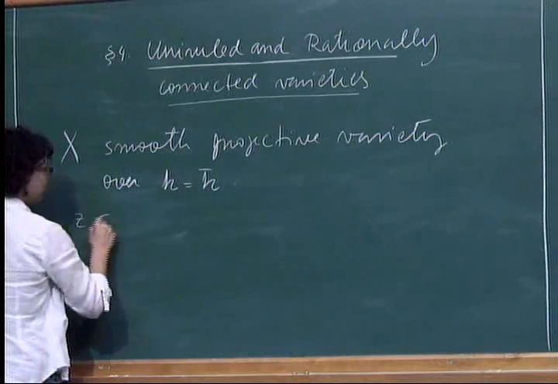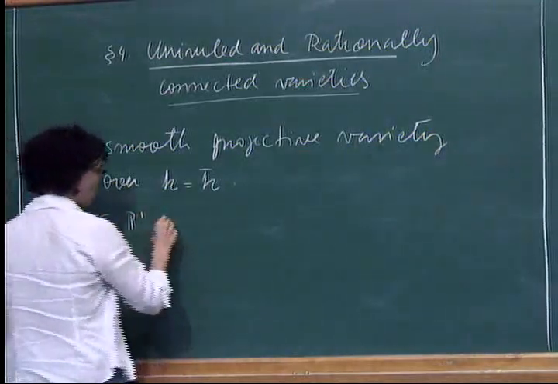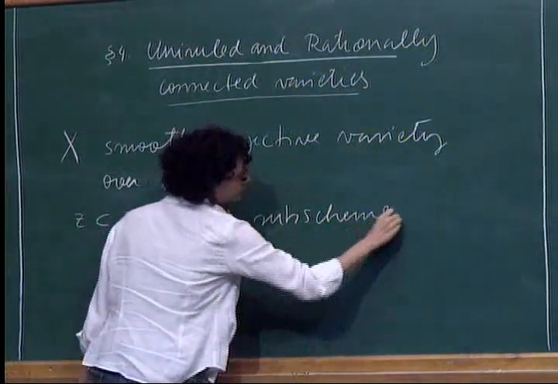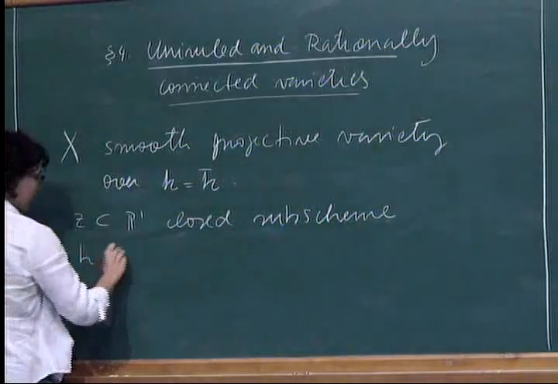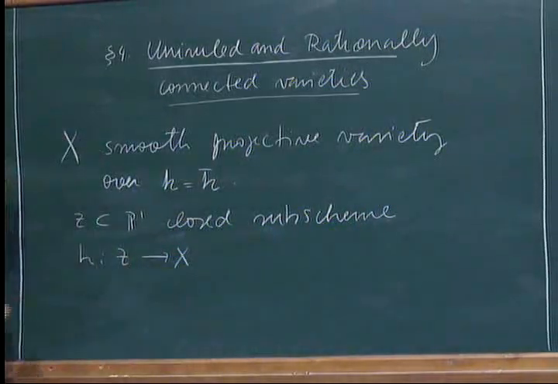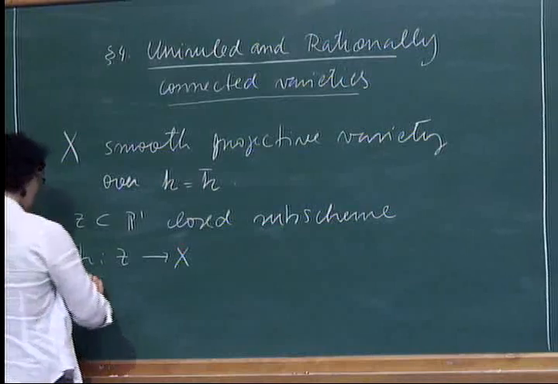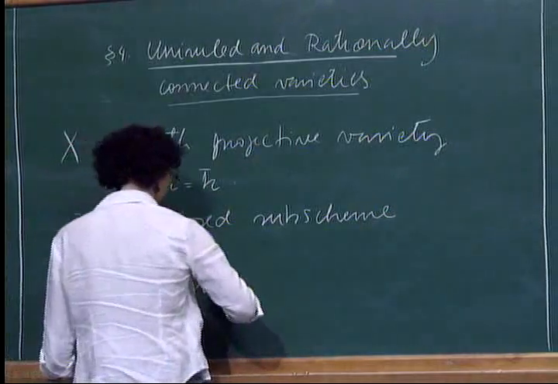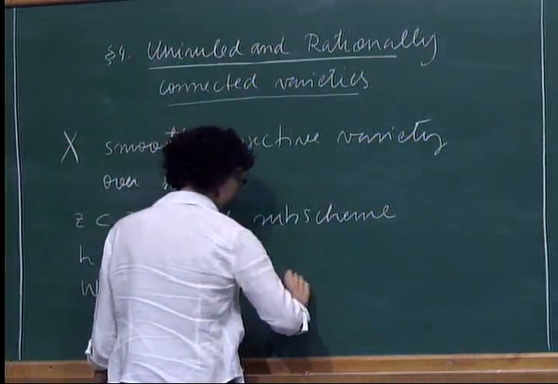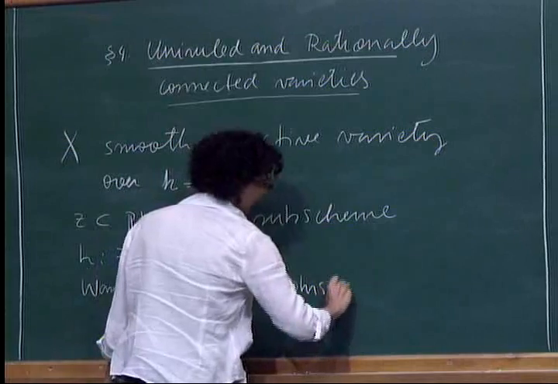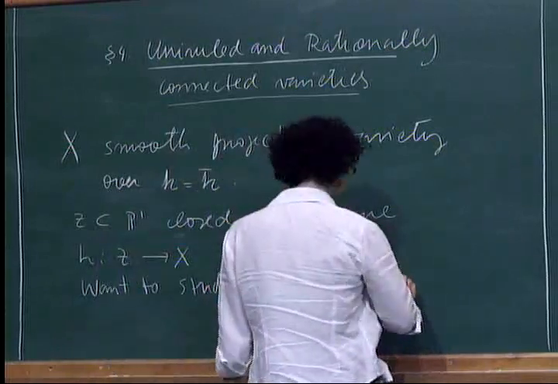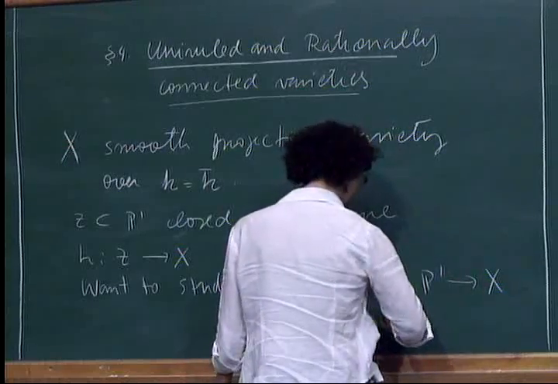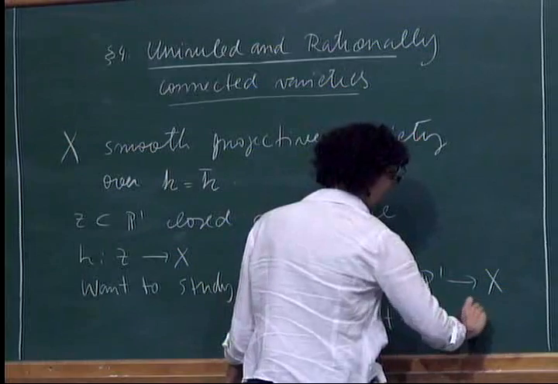So I will fix Z in P1, some closed subscheme, and a morphism H from Z to X. And I want to study morphisms F from P1 to X that extend the given morphism H.